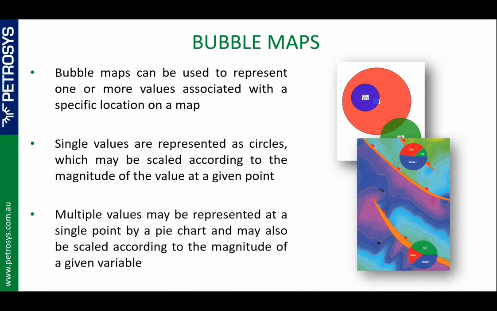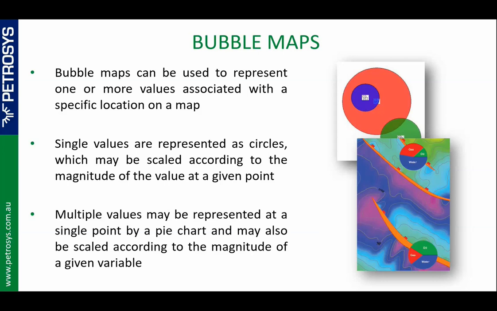And the other way to work with bubble maps is when we use multiple values, which may be represented as a single point by a pie chart and may also be scaled according to the magnitude of a given variable. So in this case, when we are talking about multiple values, typically the size of the bubble is constant, and what represents the attribute is the size of the pie.